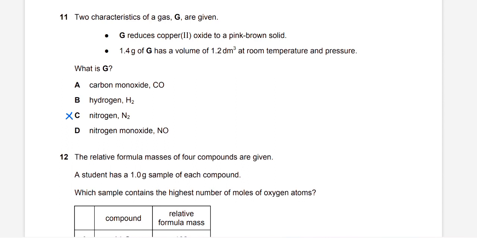Now let's see, 1.4 gram of G. That means out of these gases, which is the oxidizing agent and which is the reducing agent. It reduces other substances and itself is oxidized, and has a volume of 1.2 dm cube at room temperature. Now let me tell you, I'm writing here mass and volume.